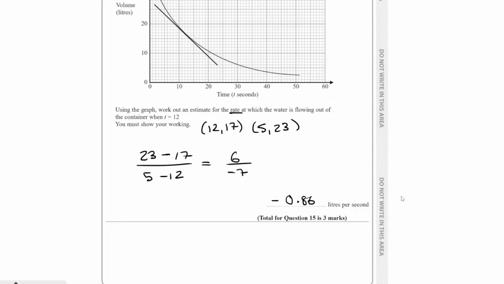Now they did give a range, obviously. They said anything from 0.7 to 1.1, because I guess the gradient's negative, but in this case it's not negative in the context.